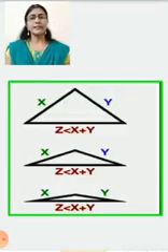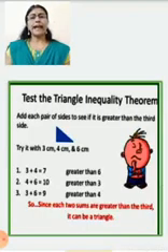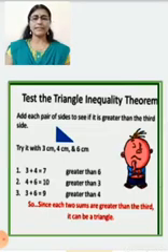Now here you can see three triangles with sides X, Y and Z. But in all the cases you can see the third side is always less than the sum of the other two sides of a triangle. Now let us add each pair of sides to see if it is greater than the third side or not. Let us find out with the help of examples.